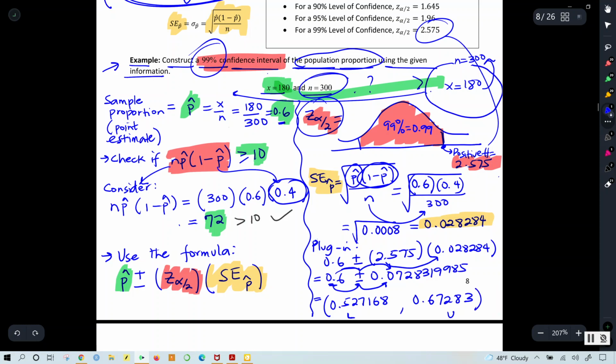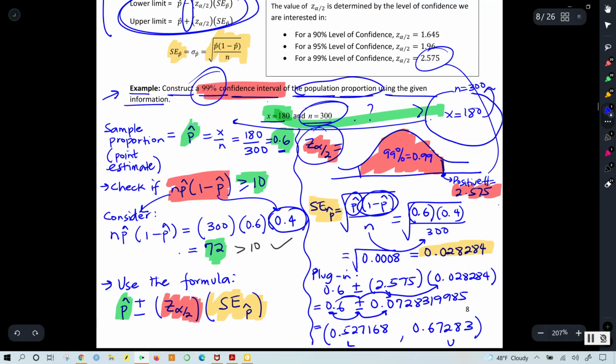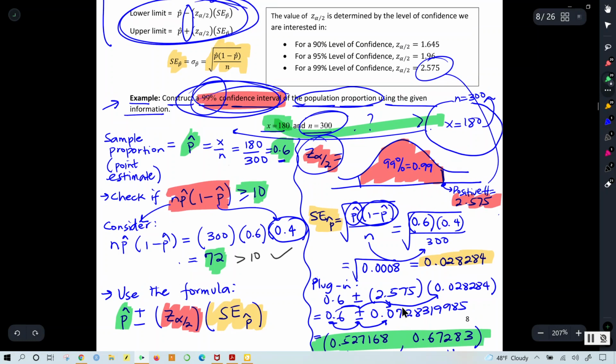Okay, so with that said, I have the 99% confidence interval for the population proportion. Besides computing this by hand, this could also be done in StatCrunch. How? Let us see.